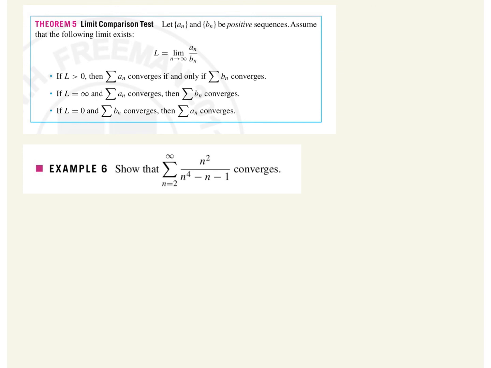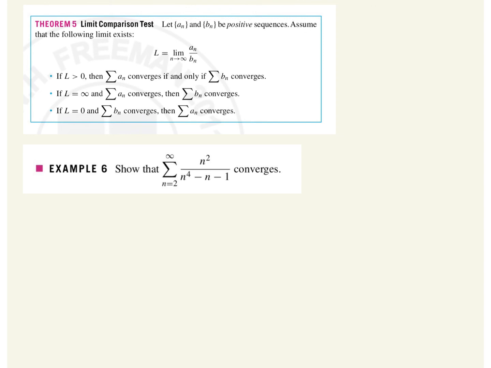based on the fact that we are presenting them as a fraction. So example 6, we want to show that the series, the summation as n equals 2 approaches infinity of n squared divided by n to the fourth minus n minus 1, converges.